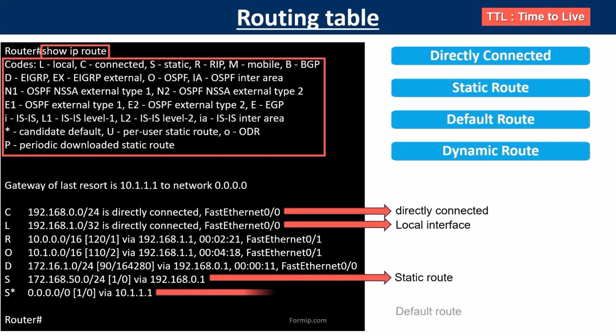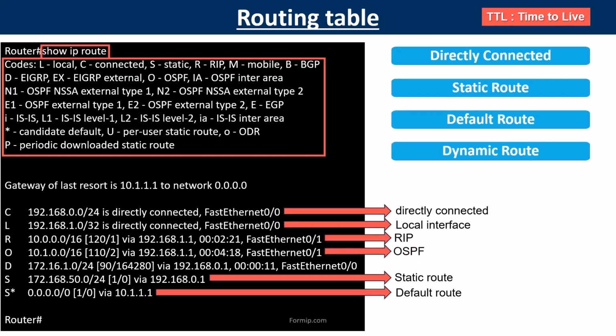The small asterisk indicates a default route. In this example, the default route is a static route. The letter R is reserved for the RIP routing protocol, the letter O for OSPF, and the letter D for the EIGRP routing protocol.